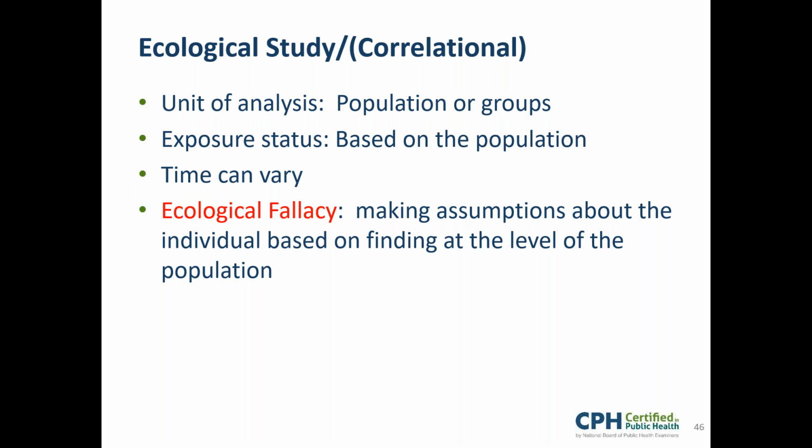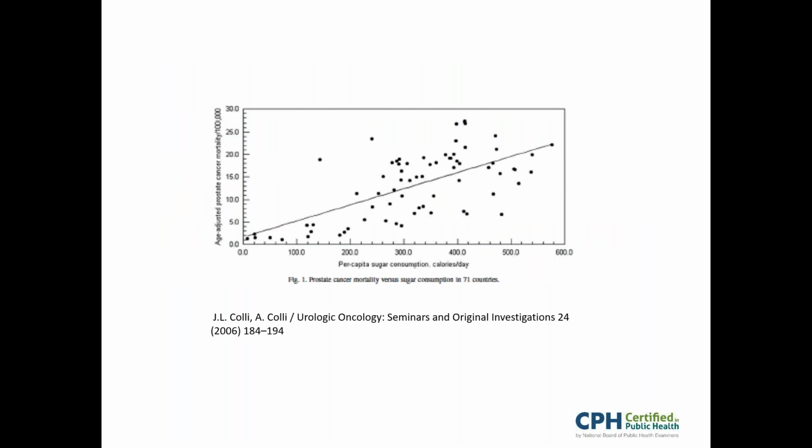If you go to the next slide, there's an example that might clear this up a little bit. Down the side, we're looking at age-adjusted prostate cancer mortality rates. And across the bottom, you'll see the per capita sugar consumption. Essentially, this figure is a diagram of prostate cancer mortality compared to sugar consumption in 71 countries.